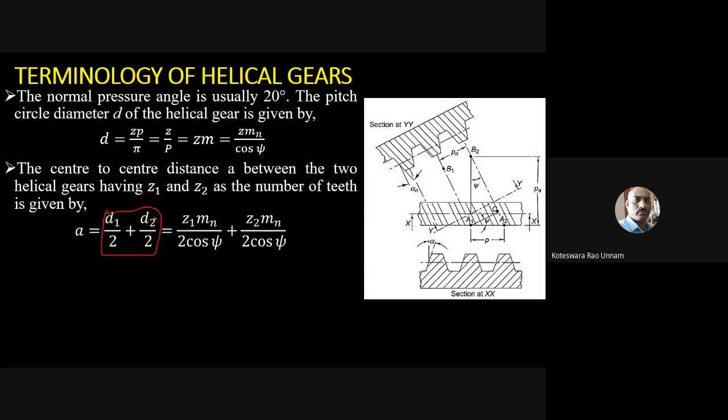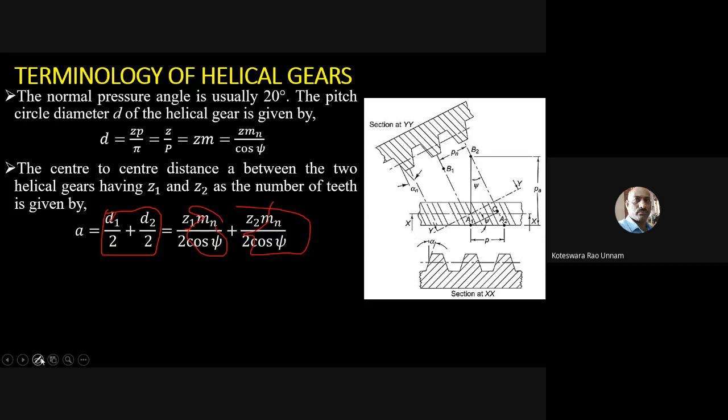But if you want to write the same expression in terms of number of teeth and module, you need to consider Z1 as the number of teeth on the pinion, then mn by cos phi is the module of the pinion. So this should be the same even for the gear. If the module remains the same, then only you can mesh those two gears.